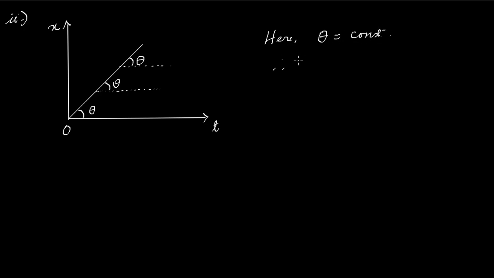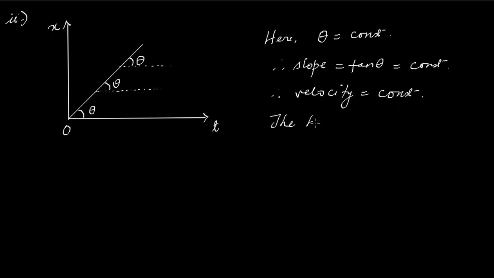So therefore slope, which is equal to tan theta, will be constant, because tan of a constant is constant. So if the slope is constant, then we can say that the velocity is constant. So the body is moving uniformly.